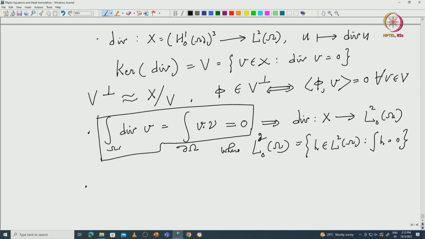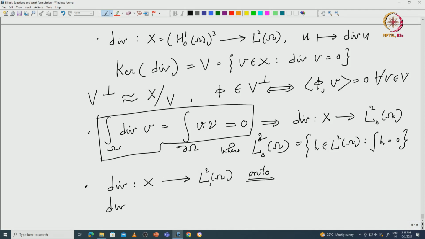So, the final fact, which you need to actually prove, I will give some hints about it: div is a mapping from X to L2 of omega, and this you can actually prove to be onto. We discuss a little more, that we have not solved. That means div V equal to H for any H in L2 0 of omega you can solve.